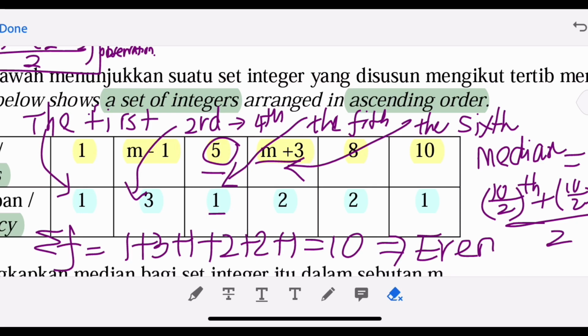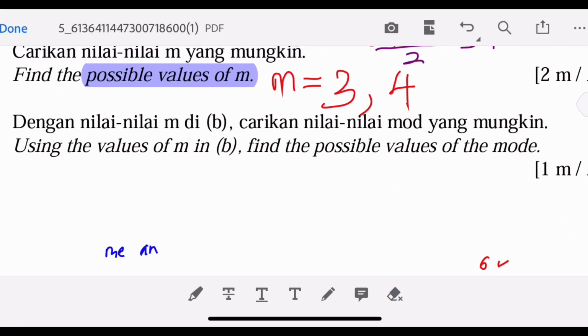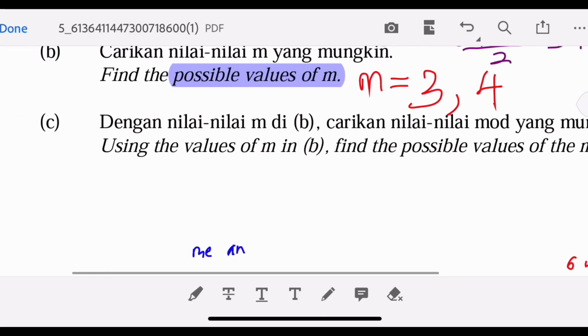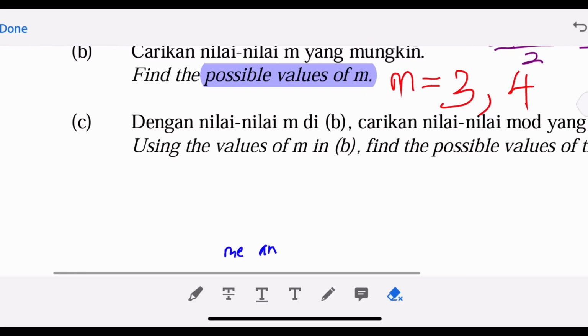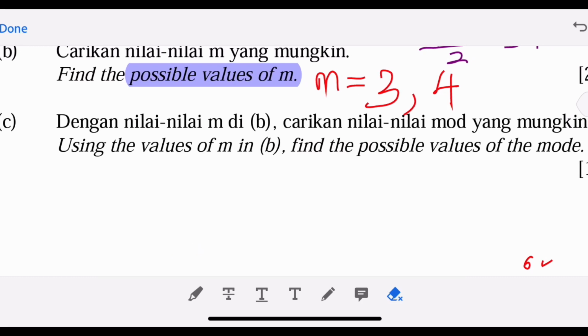If you use 1, it is impossible because 1 minus 1 becomes 0. If you use 2, you have 2 minus 1, which is also impossible because 2 minus 1 is 1. So how can you have two 1s? So it should be more than 2, right? So your answer for m should be 3 and or 4.